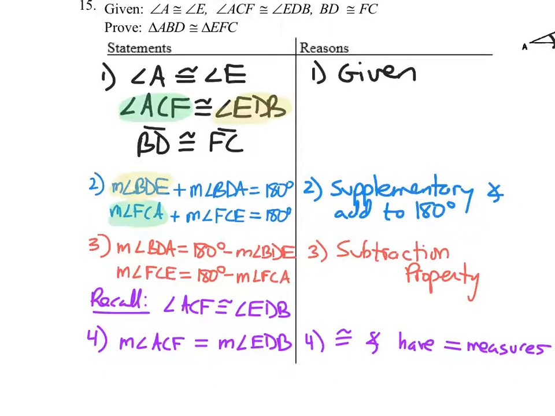All right, so congruent angles have equal measures. And then I'm just going to note that this is the same as, all right, so one little tilde is talking about equivalence, that this is equivalent to the measure of angle FCA being equal to the measure of angle BDE, sorry.